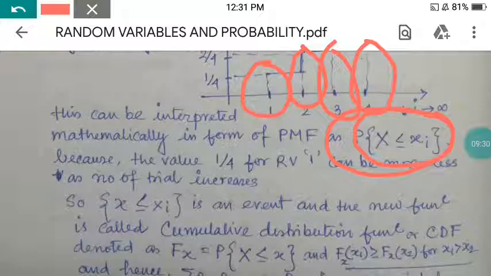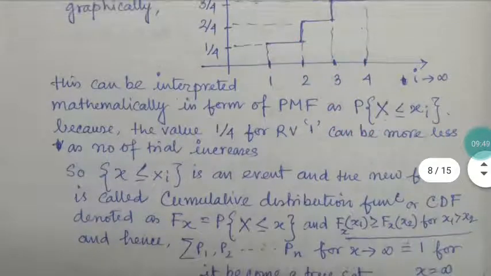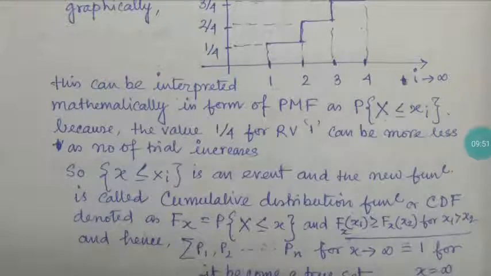So if xi is currently 1/4, the next value will be much less than this, and the next value will be much less than this. So as i goes from 0 to infinity, the xi will be much further down than the previous one. Here you can see that because of that value 1/4, the random variable 1 can be more or less as the number of trials increases.